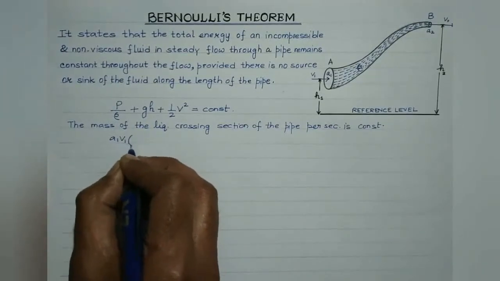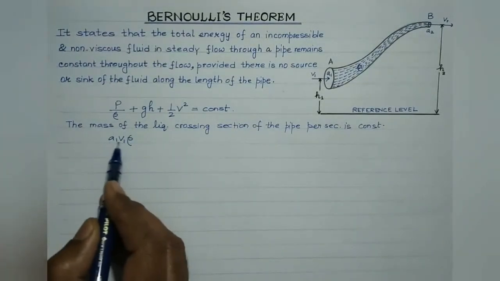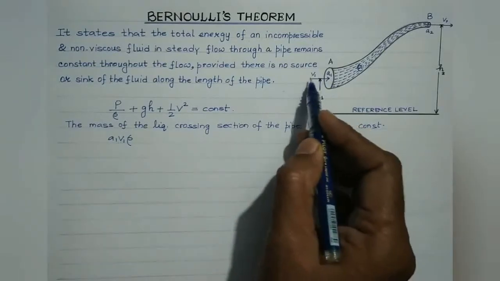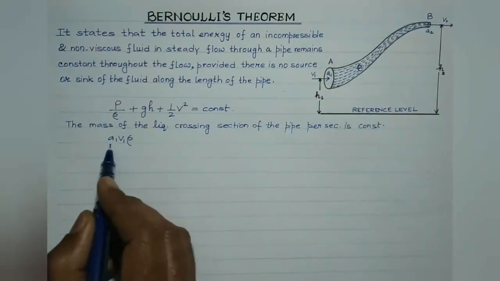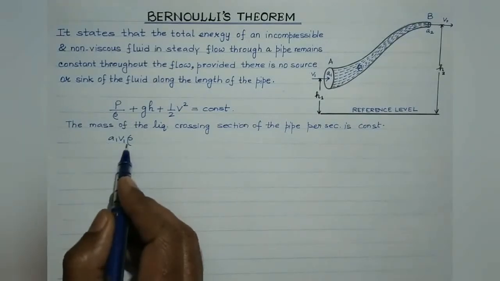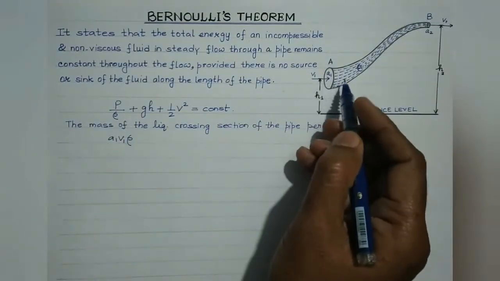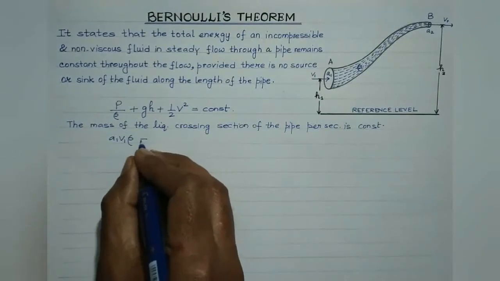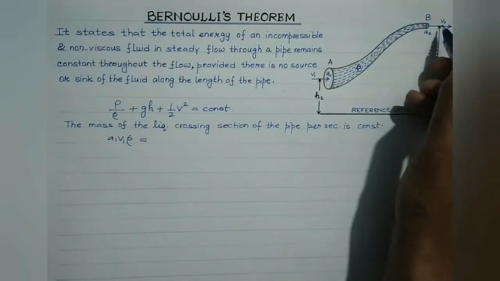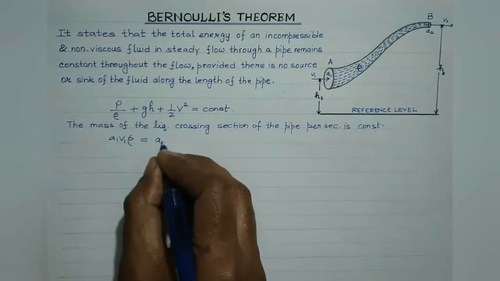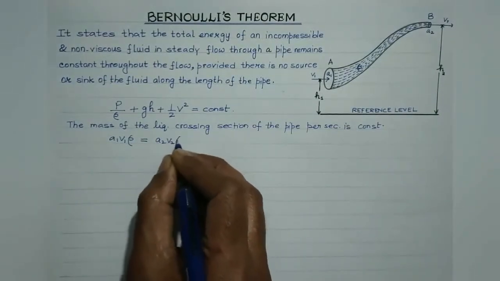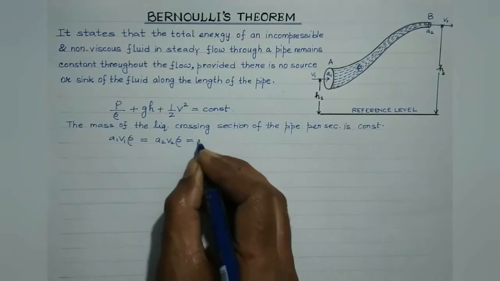A1 V1 rho. A1 V1 is the volume of the liquid entering per second at section A of the pipe. When it is multiplied by density, it becomes the mass of the liquid entering at section A of the pipe per second. It is equal to the mass of the liquid coming out of section B of the pipe per second, which is A2 V2 rho, and it is equal to m, say.